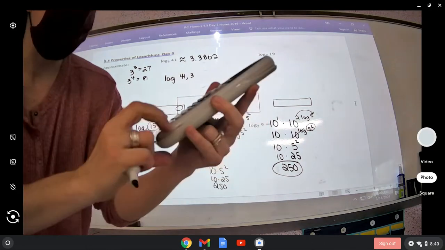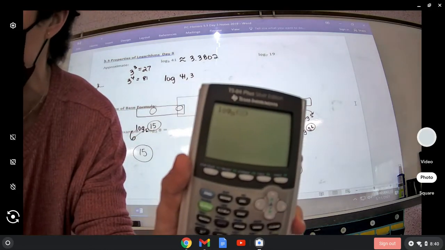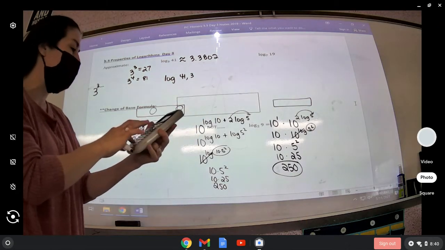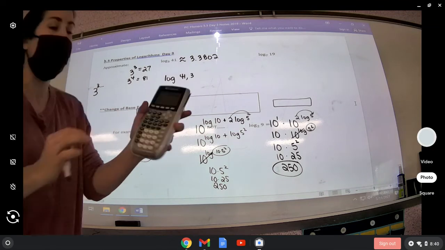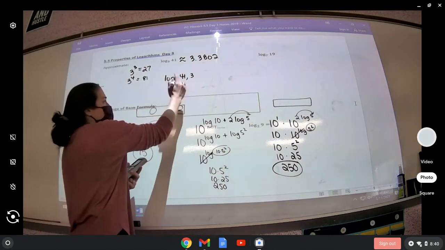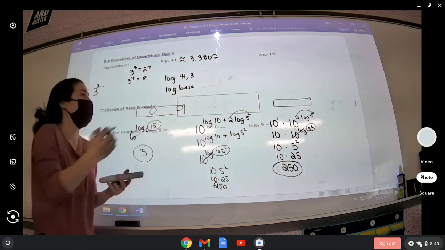If you hit log base, then this pops up and you're physically able to put in a base and a number. So I would do base 3, right arrow over to 41, hit enter, and you get the 3.3802 that way. So you have this option and you have the log base button, which is under the math key.